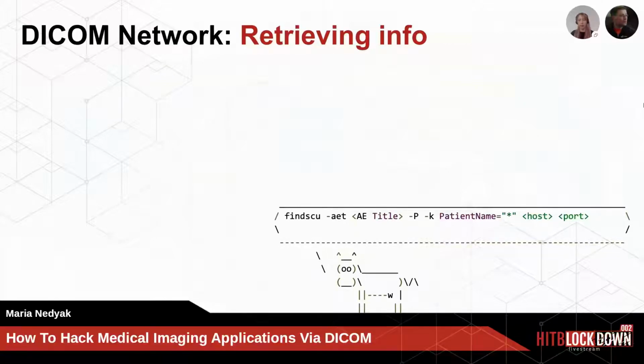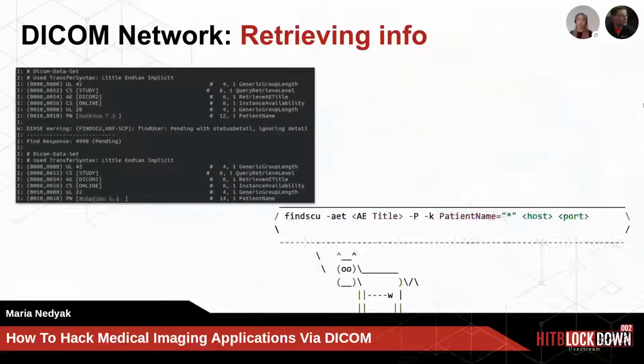It is just a word, and it kind of identifies a user or PACS system to the DICOM server. But this identification doesn't work because all PACS systems use default application entities, and you can just brute force this application entity.